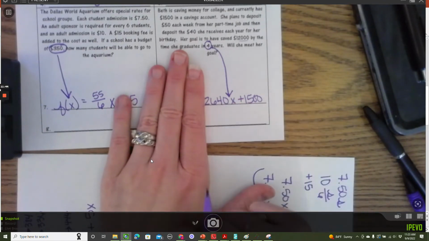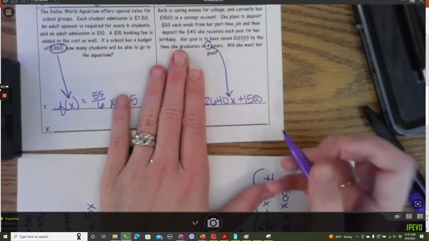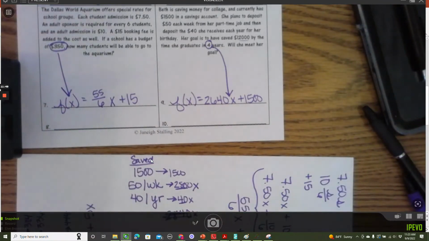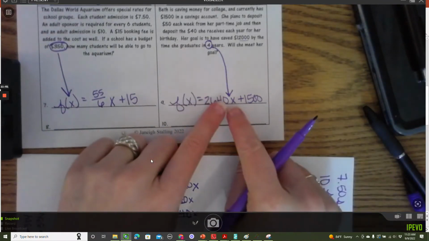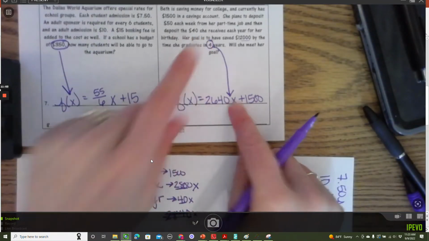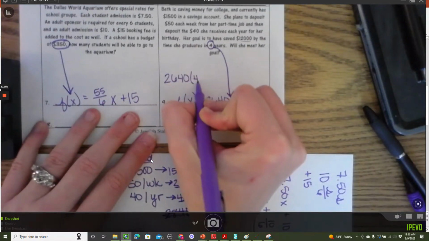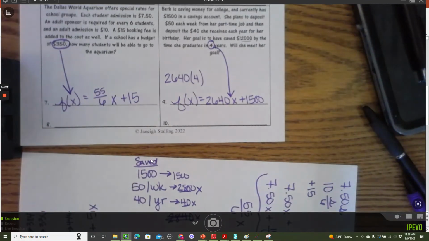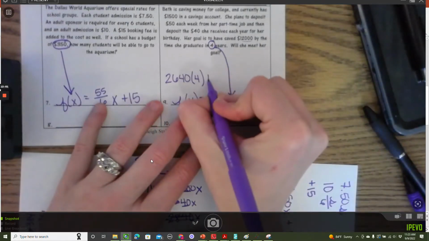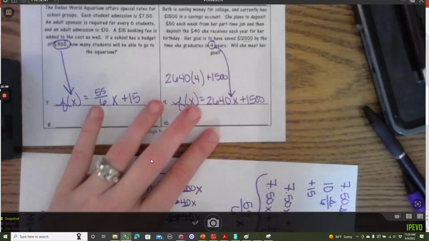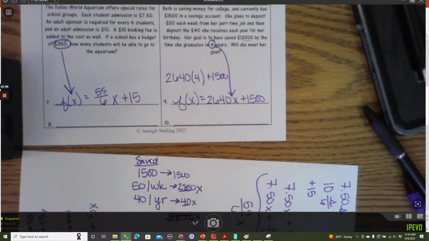Plug a 4 in here and type it in the calculator. A concept that we're doing today, anytime that you swap out a number for a letter, you put it in parentheses to keep the math consistent. So that is literally what you would type in your calculator. Hit enter. Greater than 12,000, yes. Less than 12,000, no.